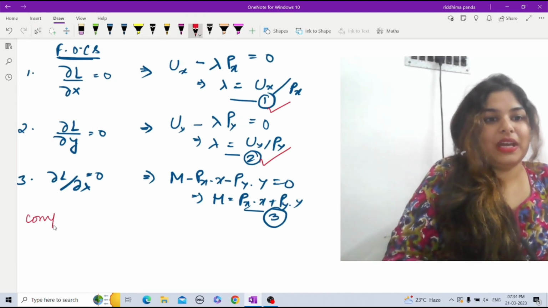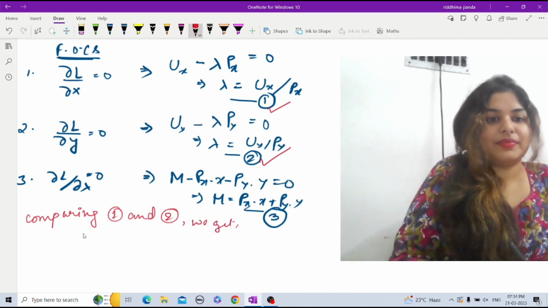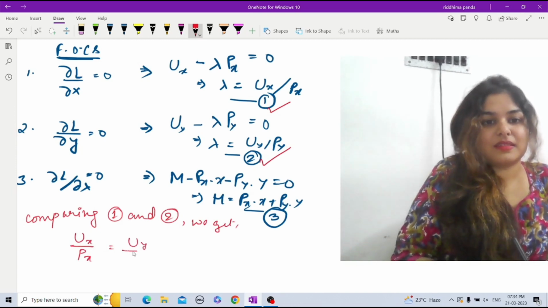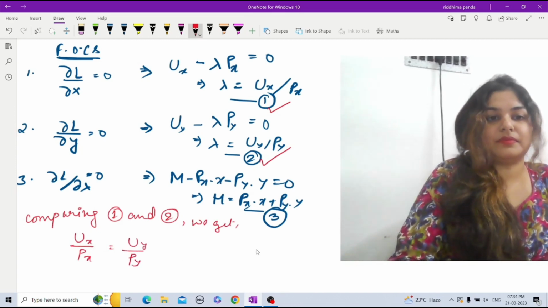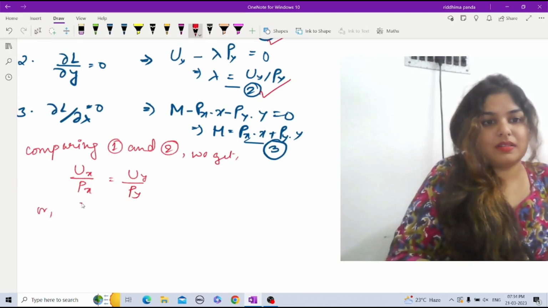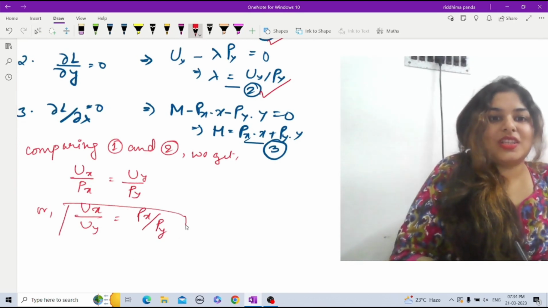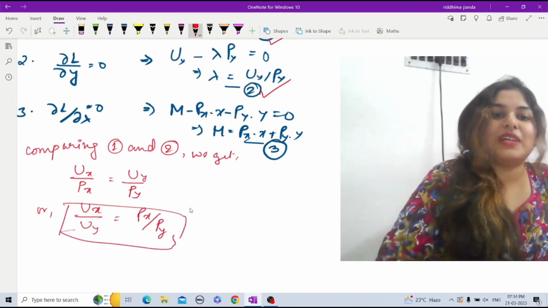So comparing 1 and 2, we get this. So this is our consumer's equilibrium condition.